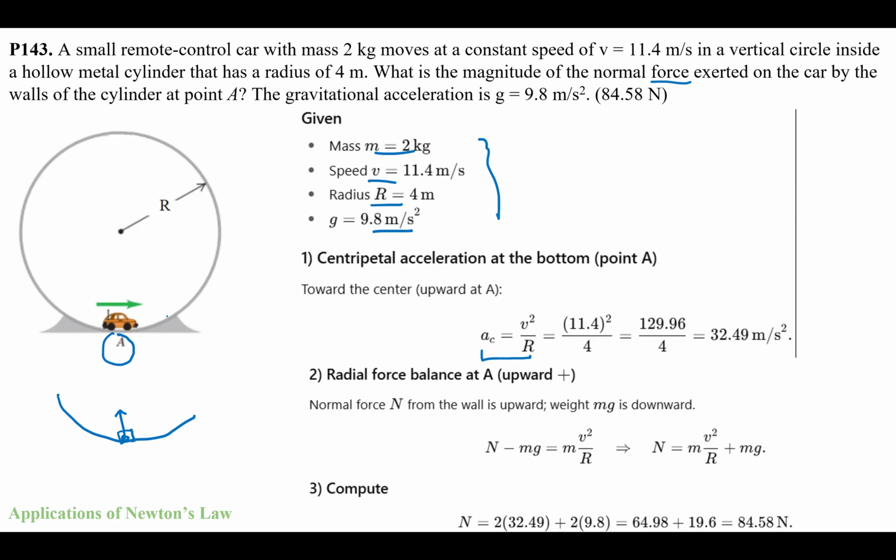Note that it is moving in this direction, so the normal force at position A is upward. Okay, normal force is upward as well, while the weight mg is downward, so that N minus mg should be equal to this centripetal force, and then N is given by this one. Okay.